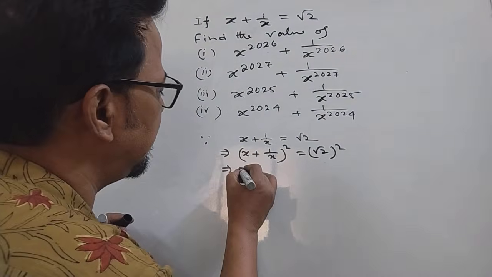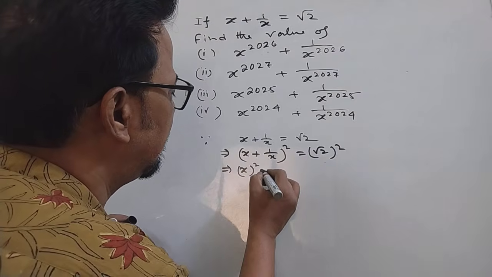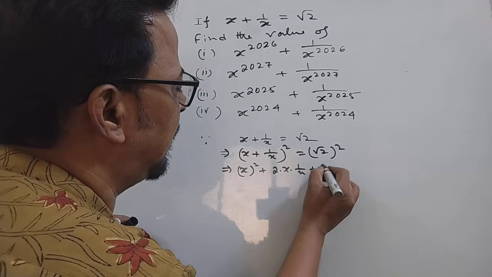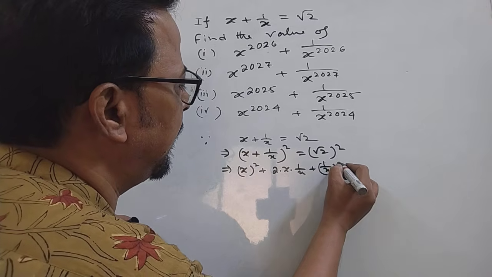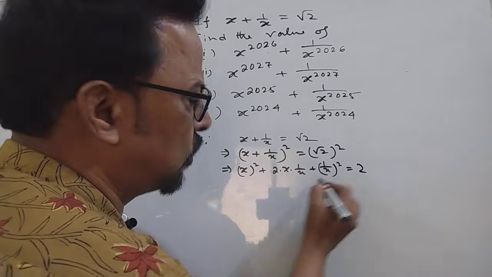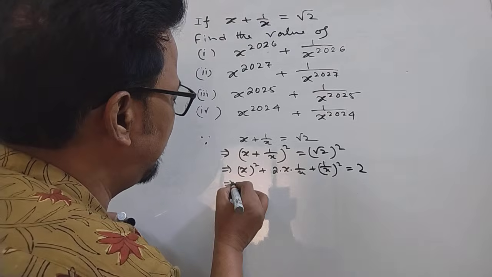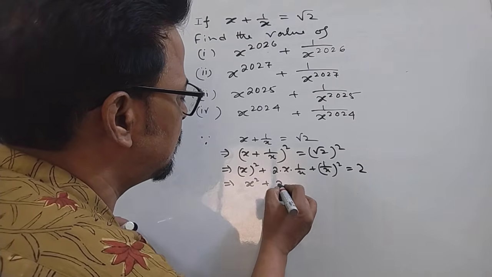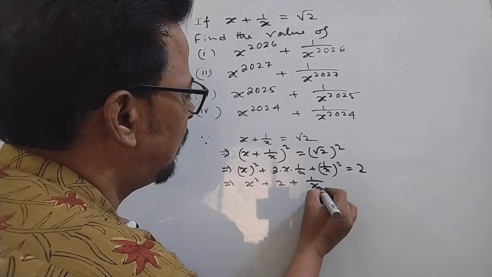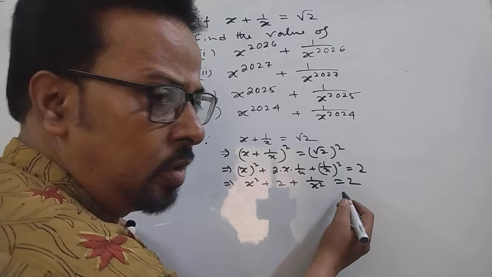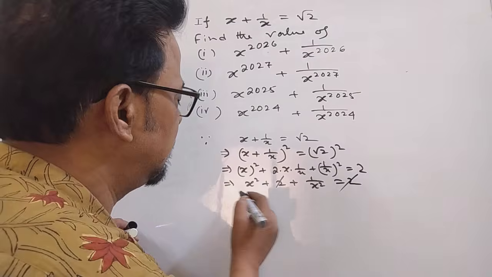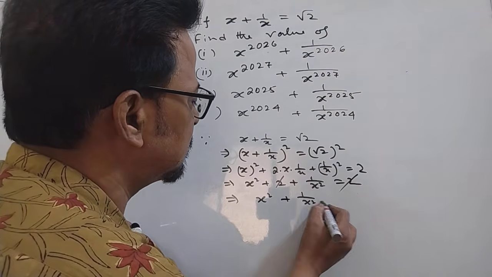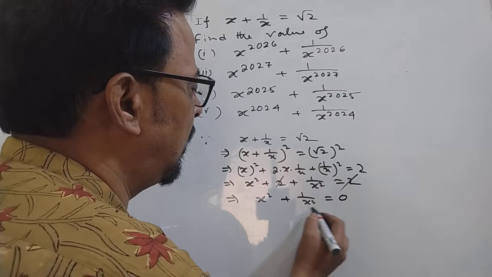So we get x square plus 2 plus 1 by x square equal to 2. Now these two cancel. Simply x square plus 1 by x square equal to 0.